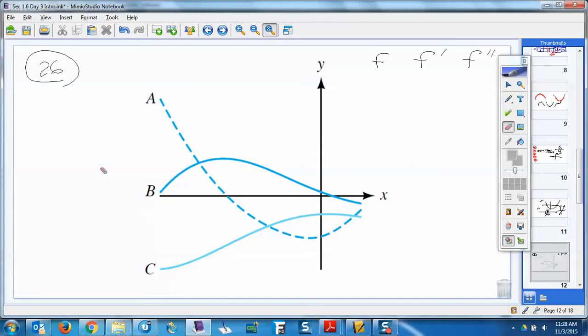And if you get it, go on. If you think you got it, go on and look at 27 also. But don't type that in your calculator. Just type 26 in your calculator and submit it. But if you think you got it, go on and try 27.